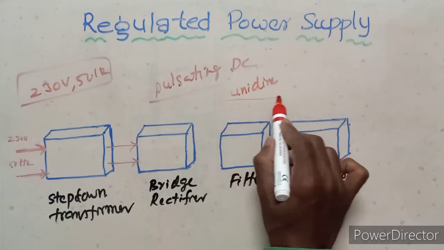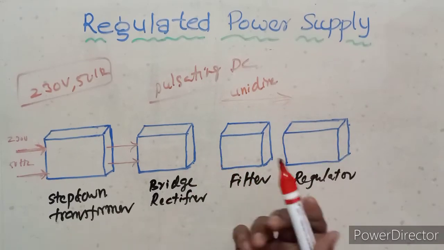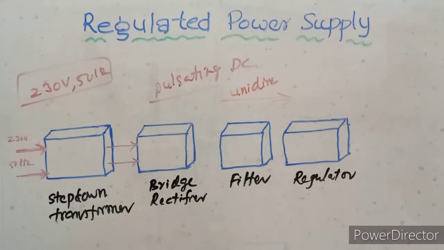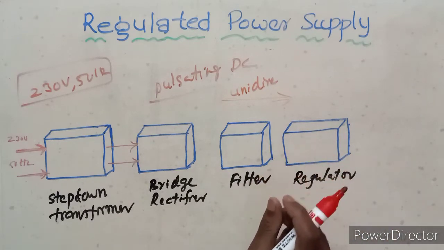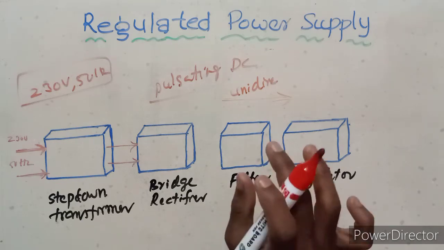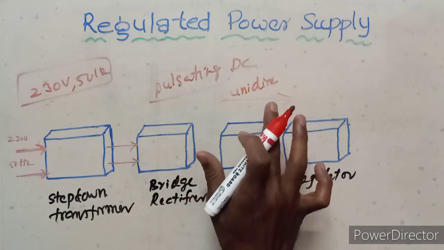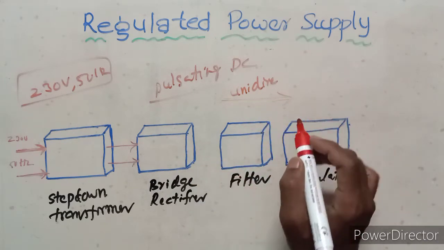Uni means only one direction, a regular direction. So it means the unidirectional voltage contains a large varying component called ripple.